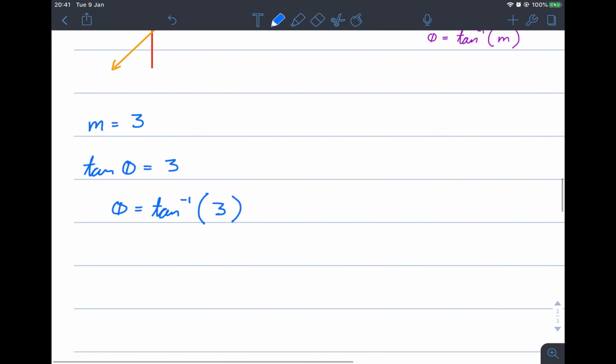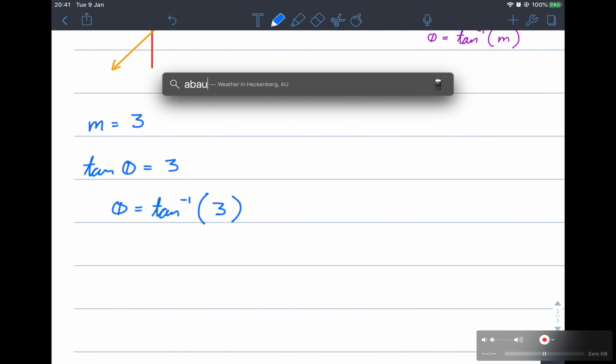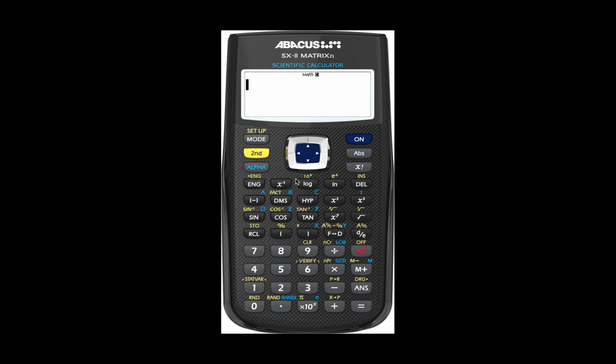In order to calculate this, we definitely need the calculator, so we'll use it now here. And we just merely type it in as shift tangent of 3, close bracket. This gives us a decimal value, but in order to convert it, we press this button here.